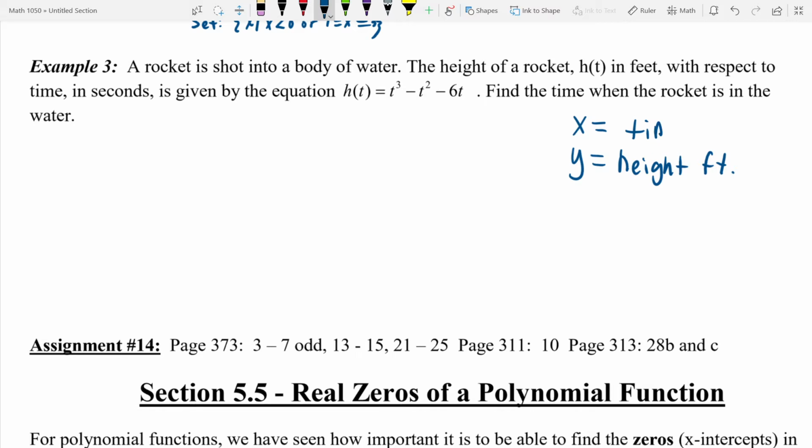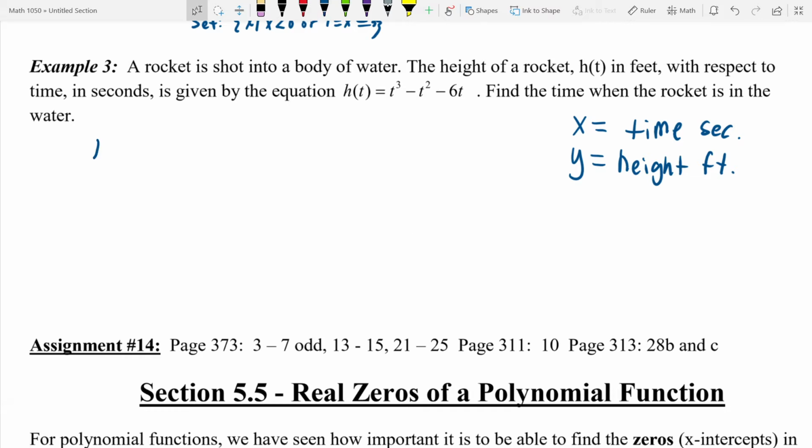So t is time in seconds. Find the time when the rocket is in the water. Now this is kind of weird because we used to do hit the water, and if it says hit the water, hit the ground, what do we do? Zero. You let y be 0, right? Because y is usually height. This one they want to know when it's in the water.